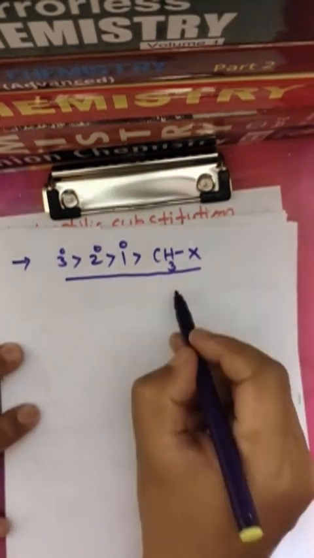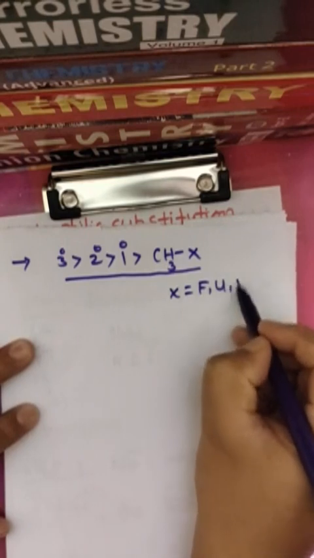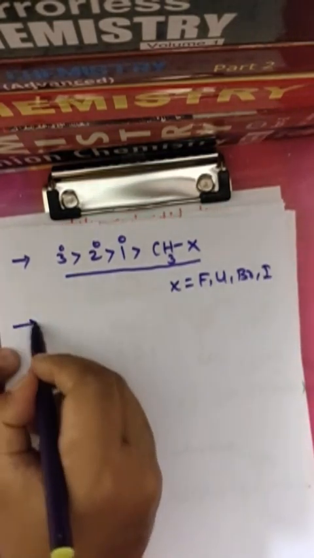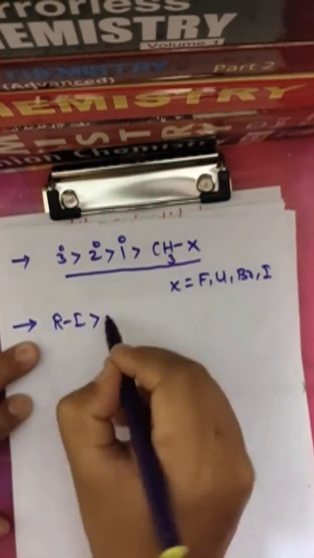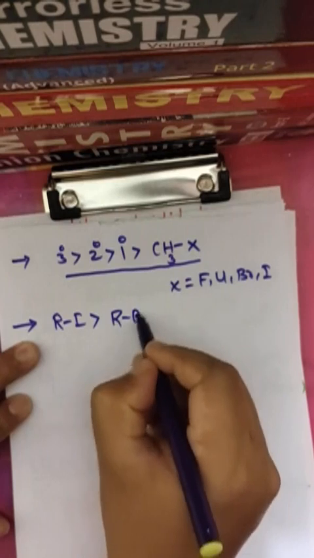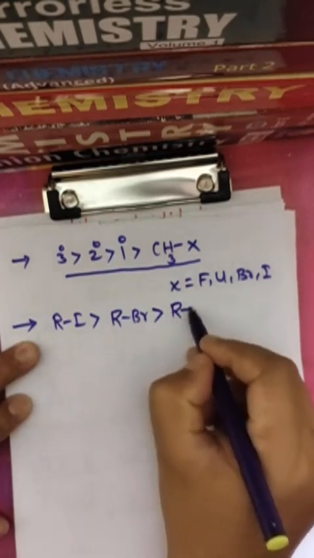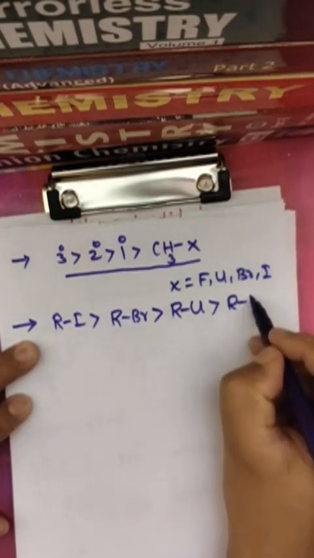Similarly, the halogen may be fluorine, chlorine, bromine, iodine, but based on the halogen also, RI is more reactive than RBr, RBr is more reactive than RCl, RCl is more reactive than RF.